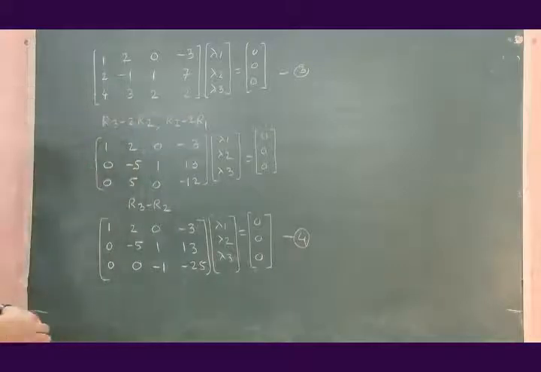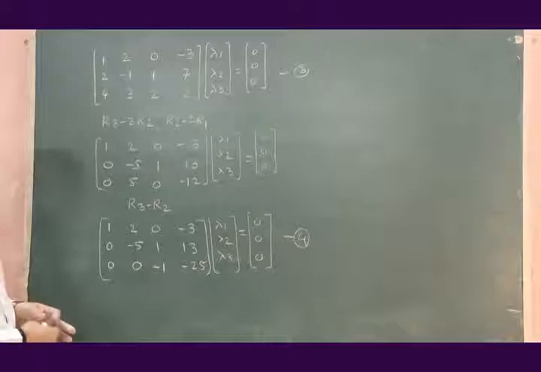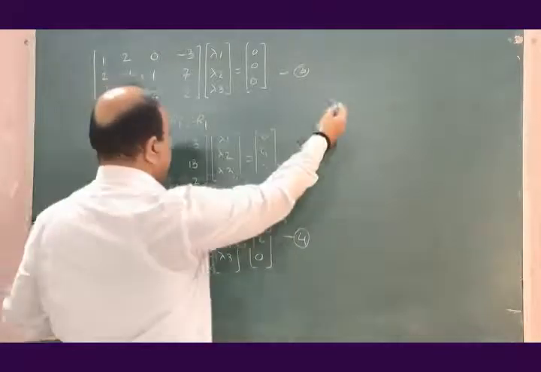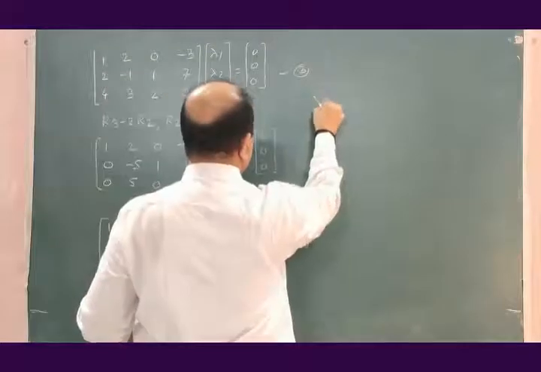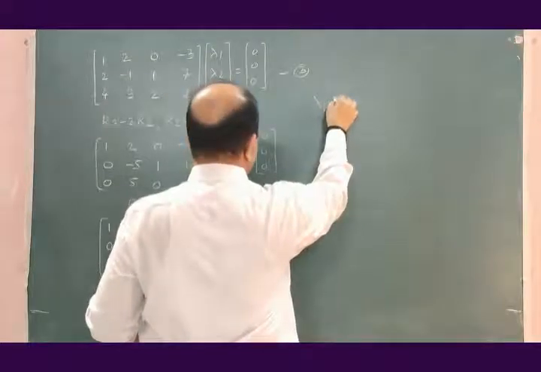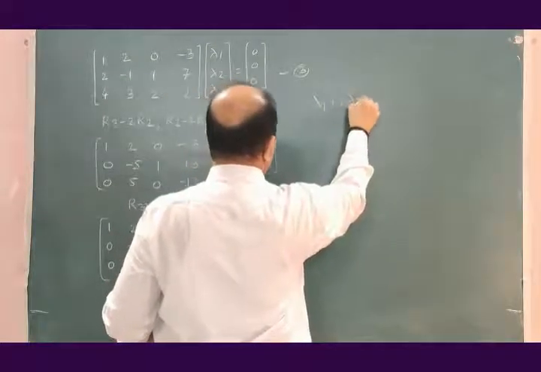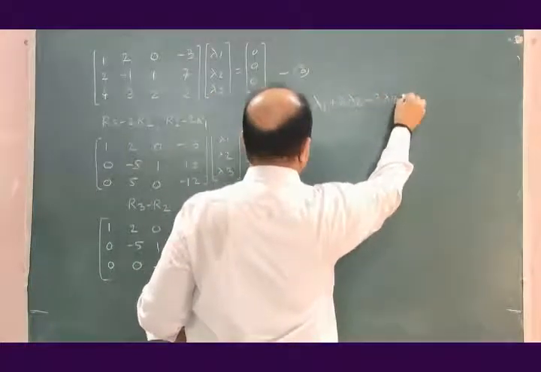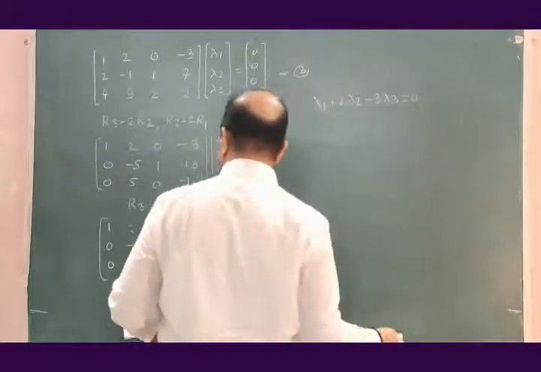Equation number 4. Now, let us write the system of homogeneous equations. First equation will be lambda 1 plus 2 lambda 2 minus 3 lambda 3 is equal to 0.